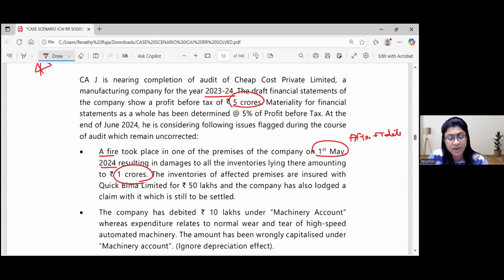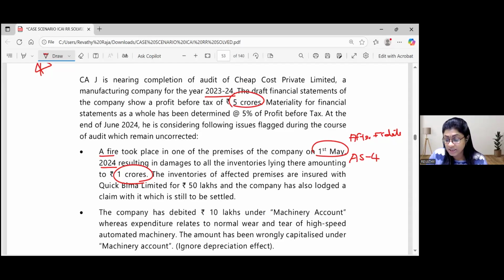Today, the adjusting event, non-adjusting event, I'm asking you as per AS 4. I'm not asking you as per SA, I'm asking you as per AS 4. Fire is an example of adjusting or non-adjusting event? Unless going concern is affected, fire is an example of a non-adjusting event. If it is a non-adjusting event, it should be disclosed.